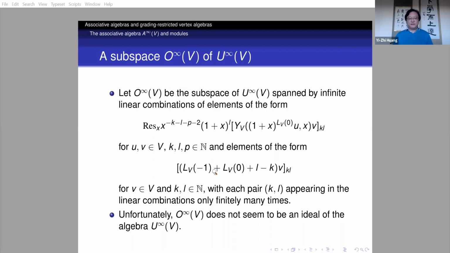But the main concern is that after you take the quotient, the quotient must act on something coming from the module. That is the main concern. So the strategy I'm using is that I look at all the lower bounded generalized modules. Okay, so we now use this module to define an ideal.